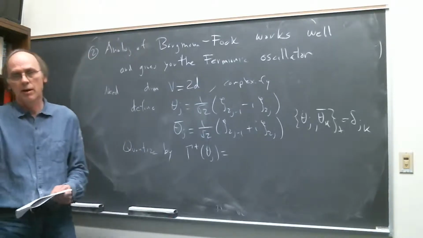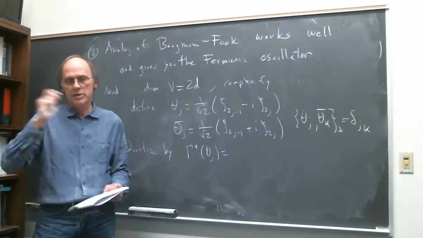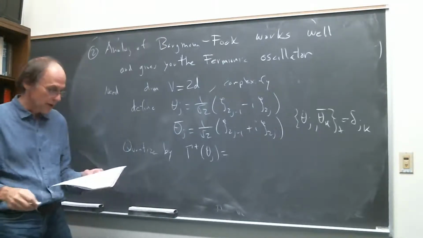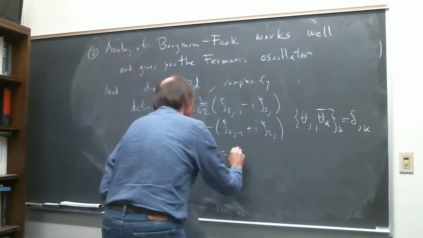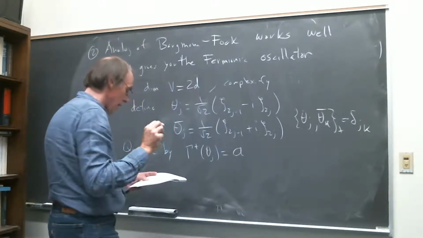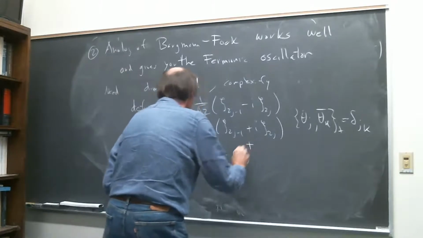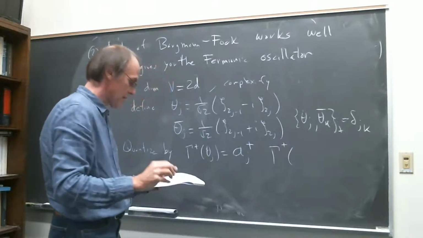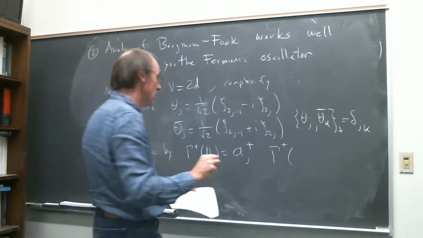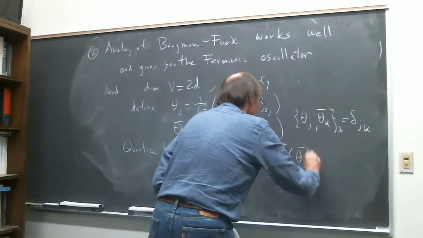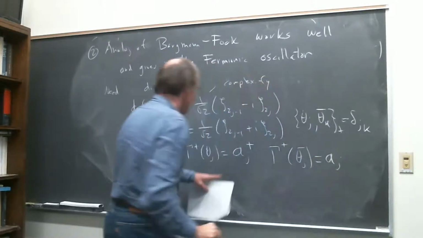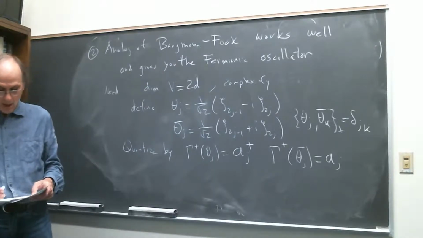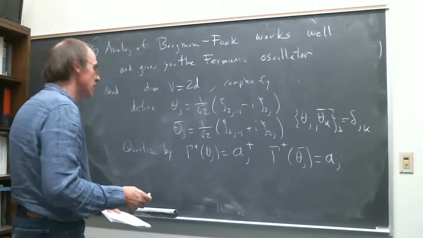We're going to use the thing we started the whole story with, these fermionic annihilation and creation operators, A_j dagger and A_j. The way I've set it up here, gamma plus of theta_j is A_j dagger. And these are the fermionic annihilation and creation operators, right?